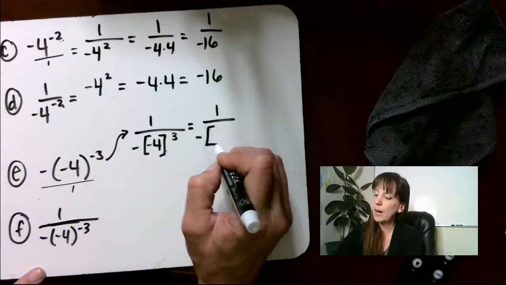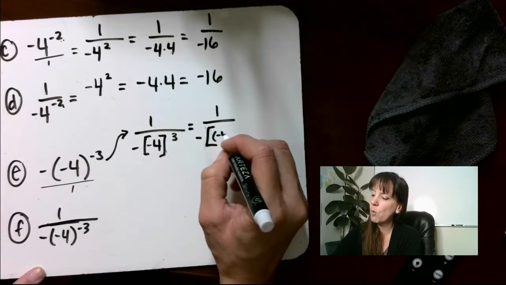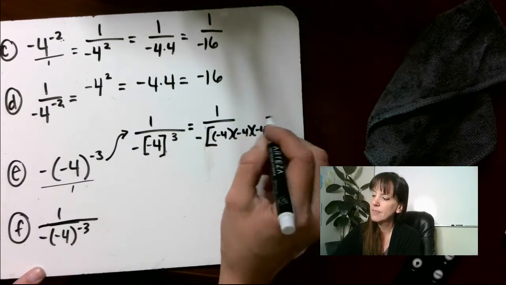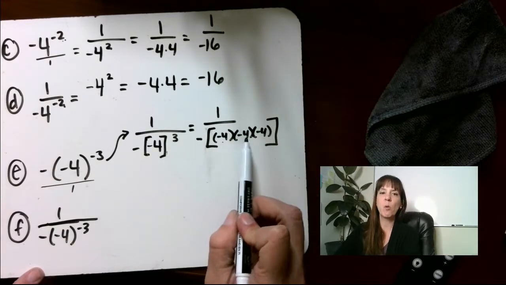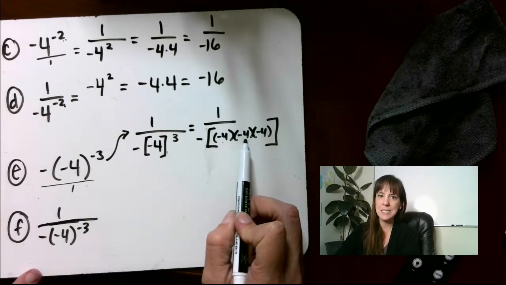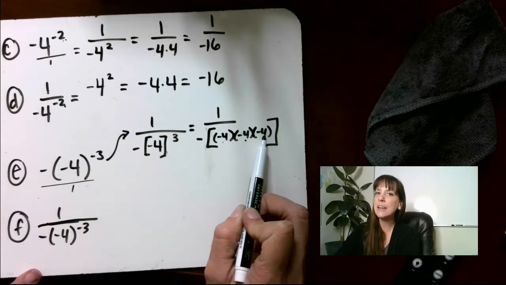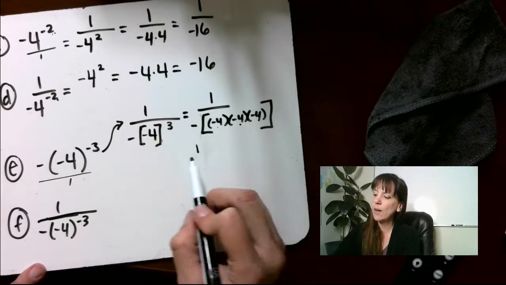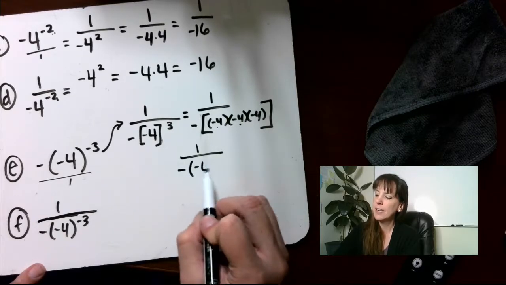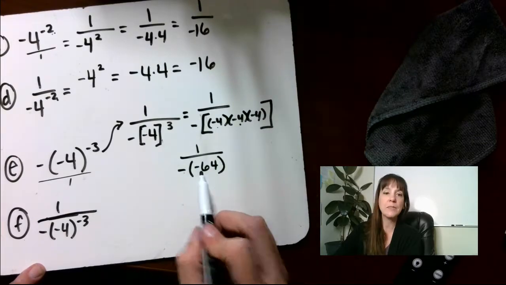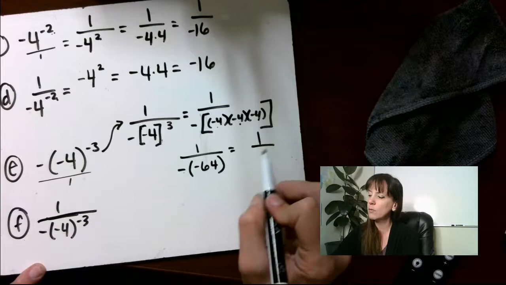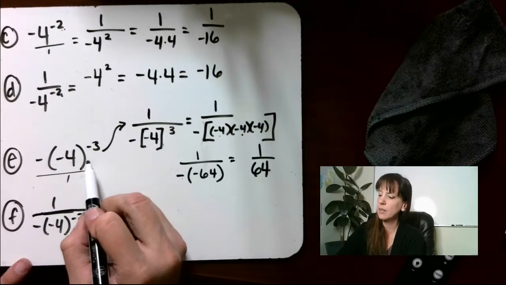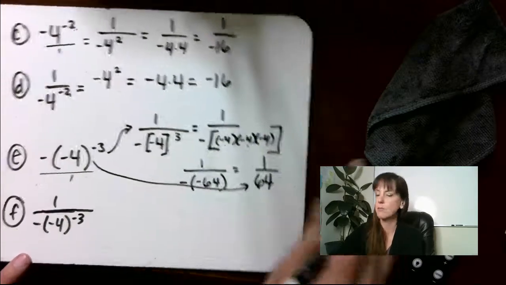So it's brackets, and then it's -4 3 times. Okay, well, -4 times -4 is +16 times the -4 is -64. So this is 1 over -64. But a negative times a negative is a positive. So this is 1 over 64. So all this garbage becomes that 1 over 64.